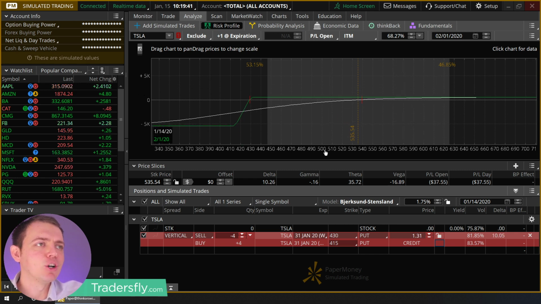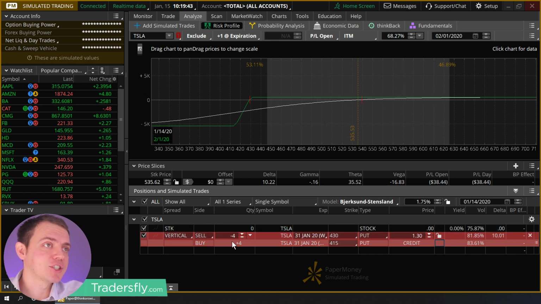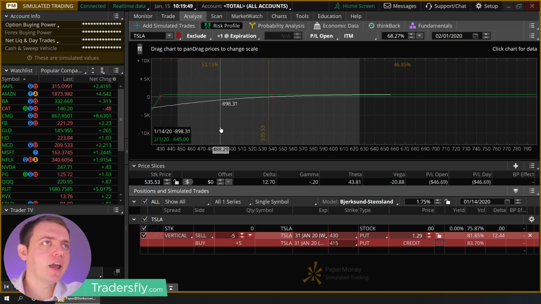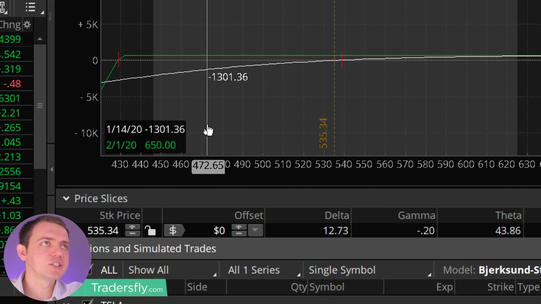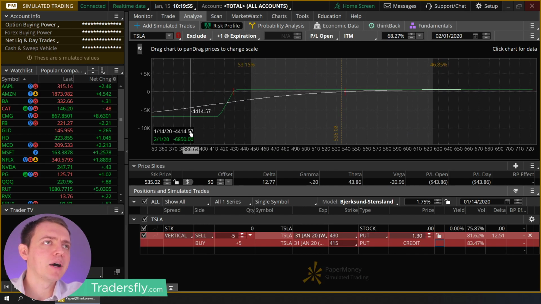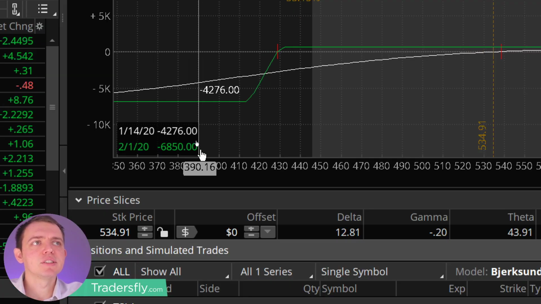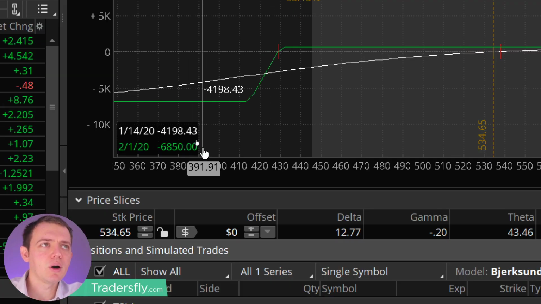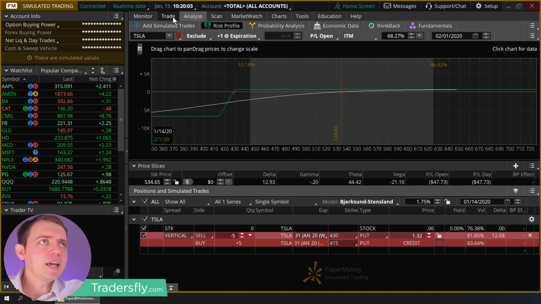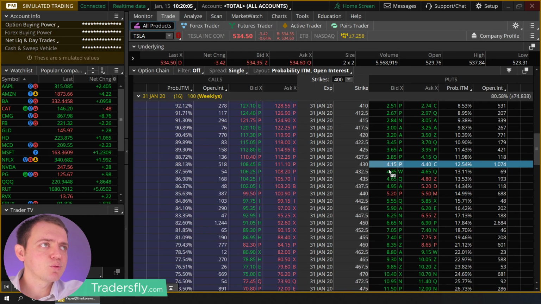The probabilities don't change based on the number of contracts you're doing, because it's just stacking more cash and capital. But here, I'm looking to make about $645, $650, based on the amount of risk of $6,850. So a little under 10%, about 9%. I start this position off because it's really safe, right?